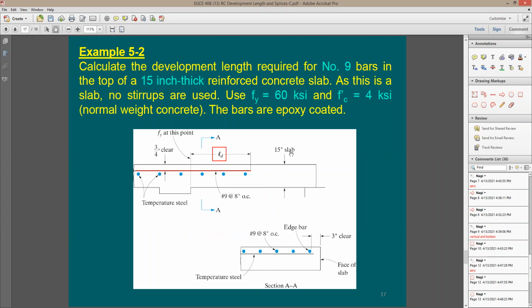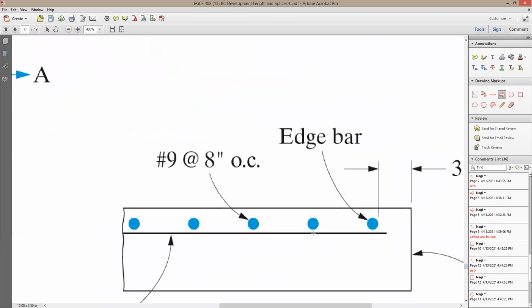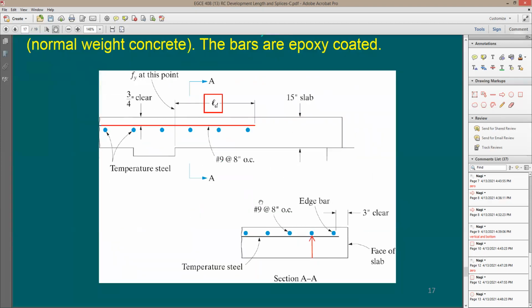If this is here 15-inch, I want you to look quickly and tell me if this is going to be top rebar or bottom rebar. Should I consider this to be top rebars? Is this distance from here to there more than 12 inches? 12 inches or more?